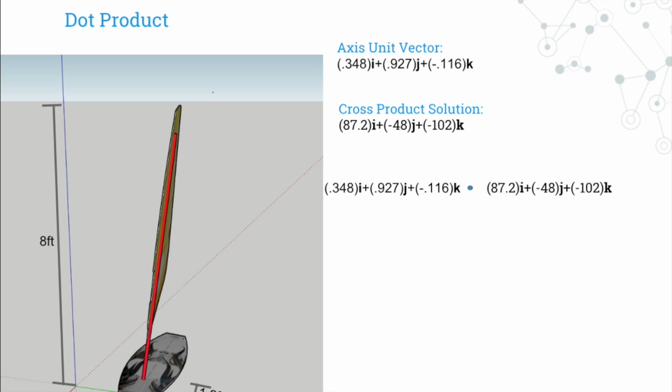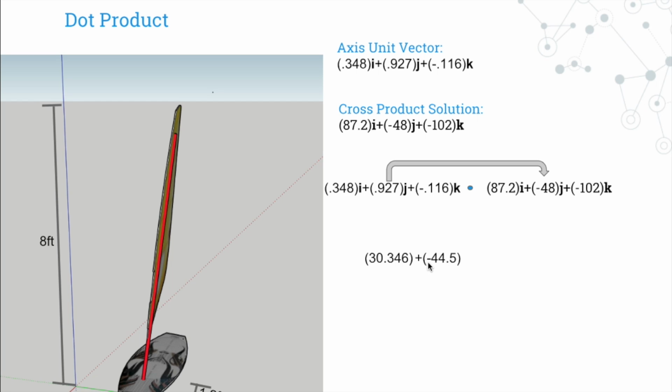So in this case, we will multiply the two I directions. So this 0.348 times this 87.2 will give us a value. And when we dot product, this gets rid of the units, so the I direction will no longer be there, giving us 30.346. Then we continue to dot the j's, so the 0.927 and the negative 48.